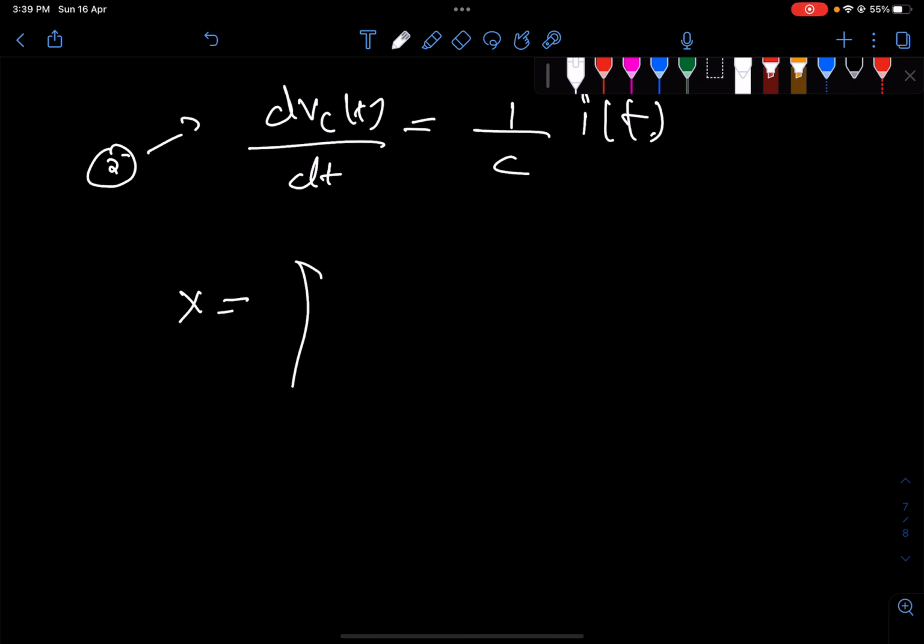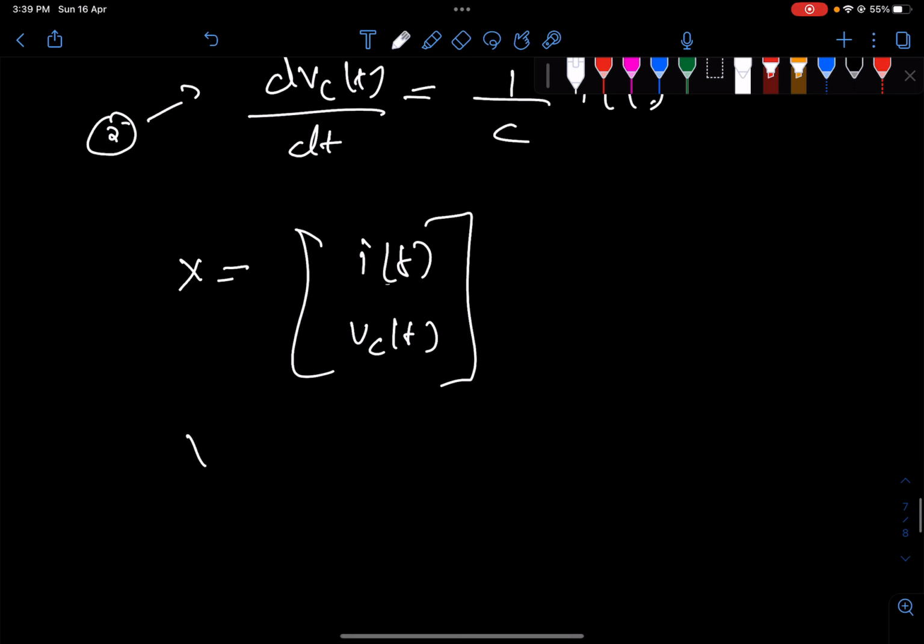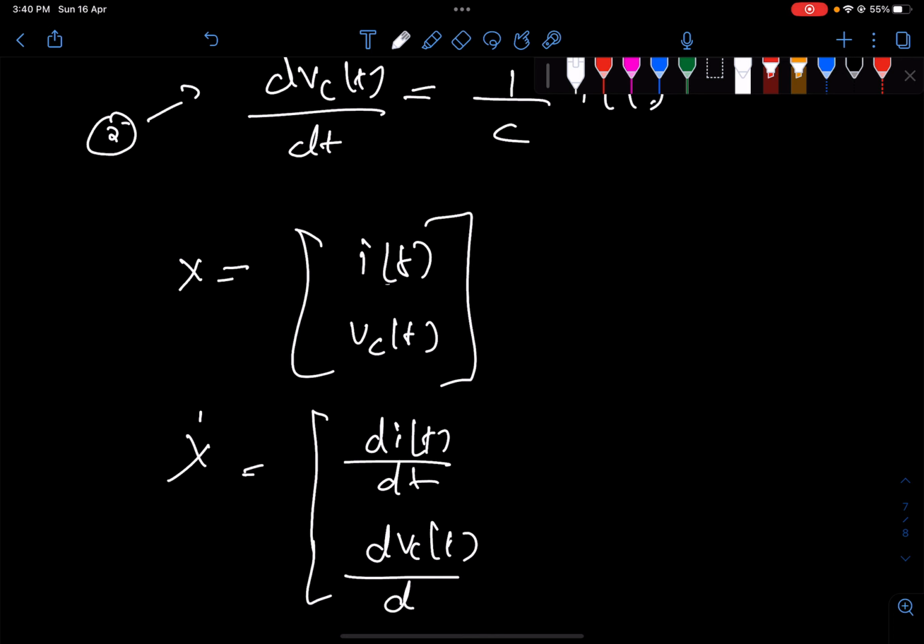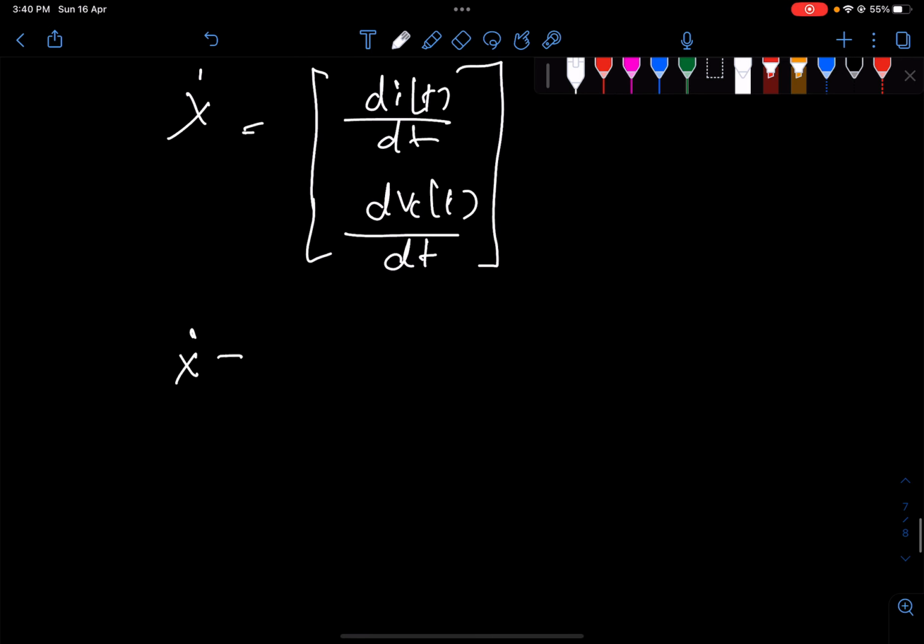And x is equal to I of t and Vc of t. What is x dot? Its derivative, right? So di by dt, and the other element will be dVc by dt. Now we can easily write x dot equals Ax plus B times u, or Ax plus B times Vi.